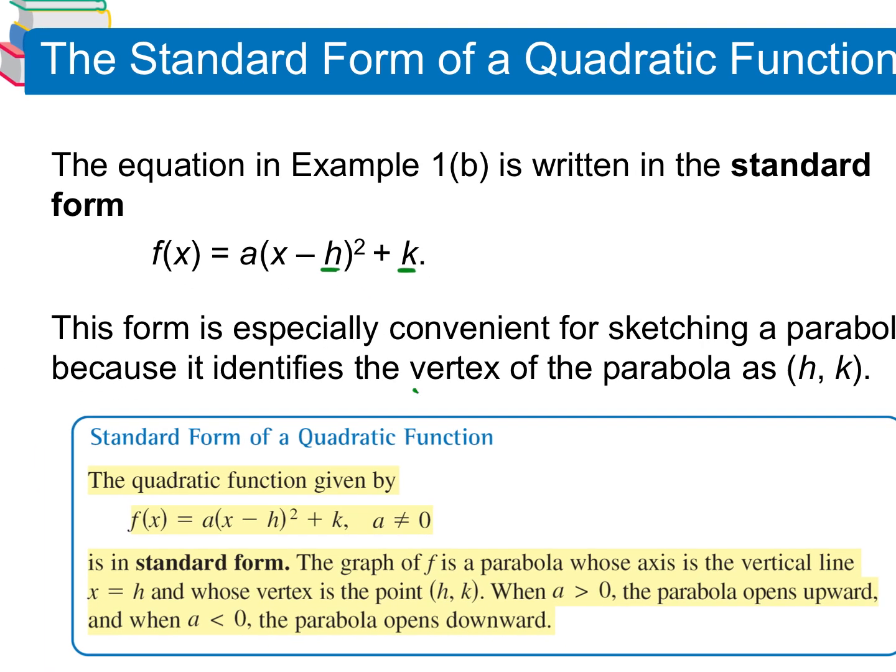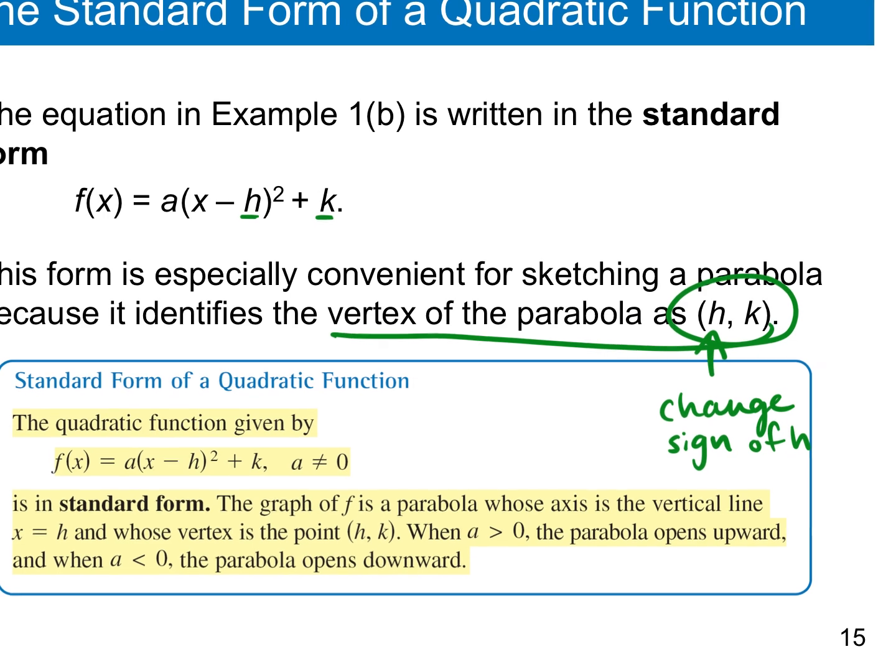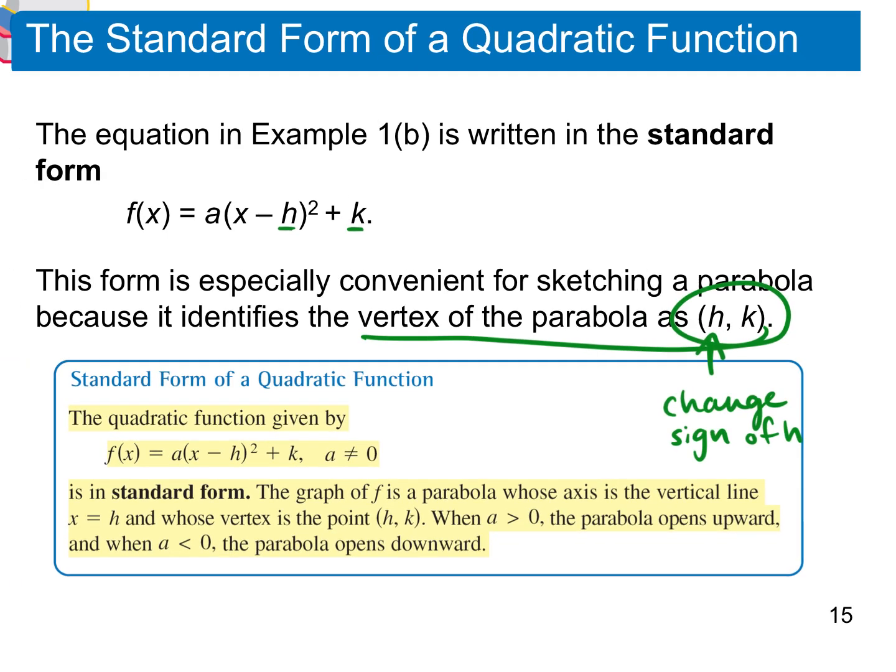So our vertex of the parabola is at h comma k, where with h, we change the sign. And then our axis of symmetry here is going to be x is equal to h.